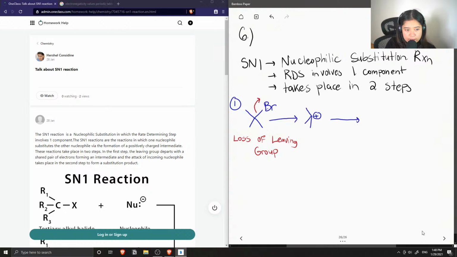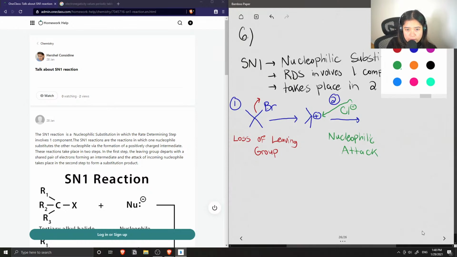This brings us to the second step, which is called the nucleophilic attack. This is when our nucleophile comes in and stabilizes that positive charge, or neutralizes it.